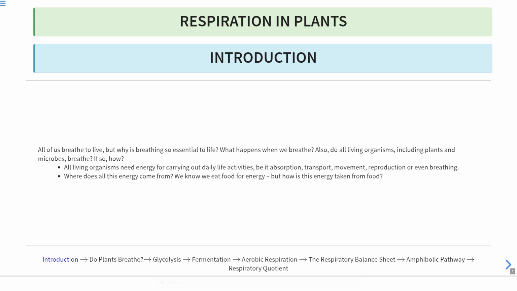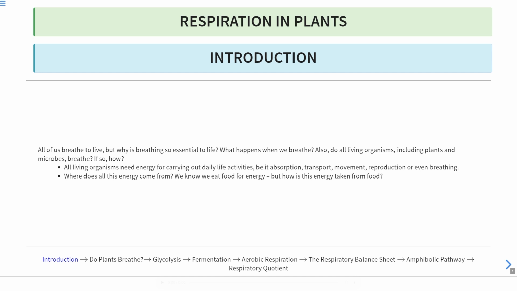Or the transport process, transportation of substances from one place to another. In the case of water, there is no requirement of energy, but yes, there is a requirement of energy for the transportation of food material, right? So transport also requires energy.